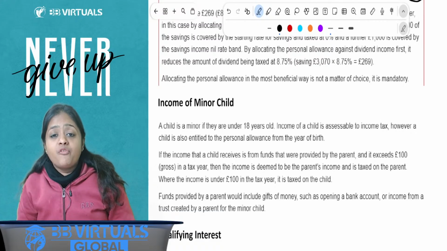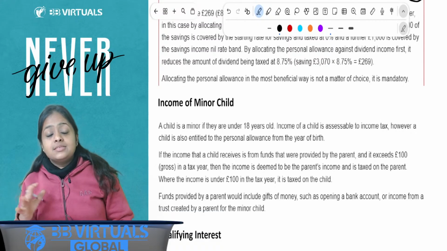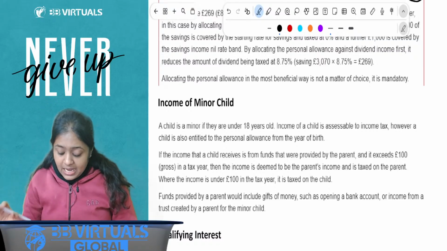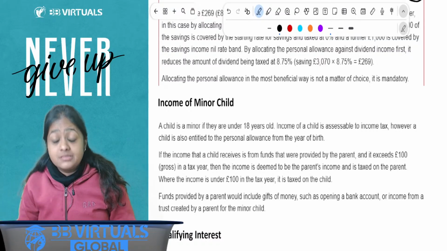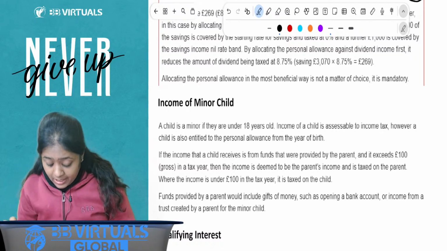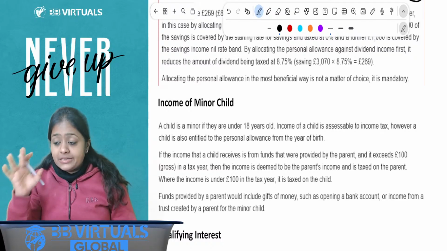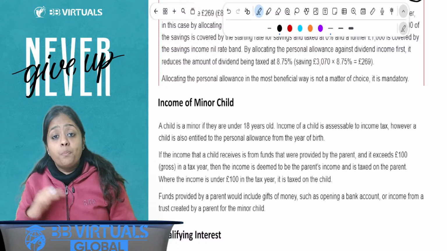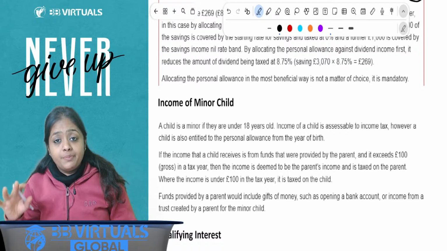That's all. So just two more portions left. One is income of minor child. Again, this is an additional topic in ATX that says that if a child is under the age of 18 years and is a minor child, but is receiving income, then he will be entitled to PA as well as the income will be put to tax.